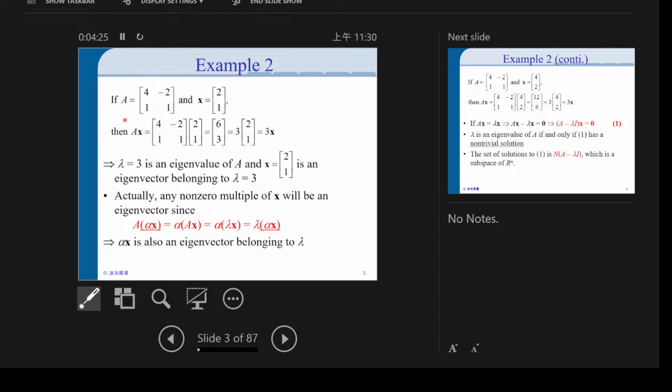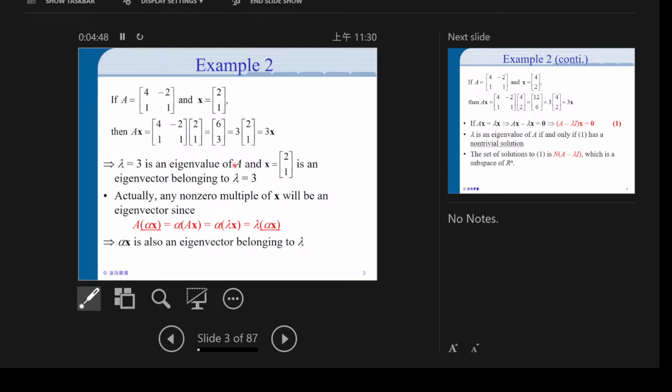So A is this matrix, and x is this vector. Then we do matrix multiplication, and we see that it's 3 times x. So this 3 is the eigenvalue of A, and x, this (2, 1) vector, is the eigenvector that corresponds to the eigenvalue lambda equal to 3.